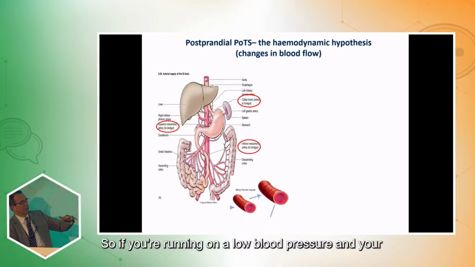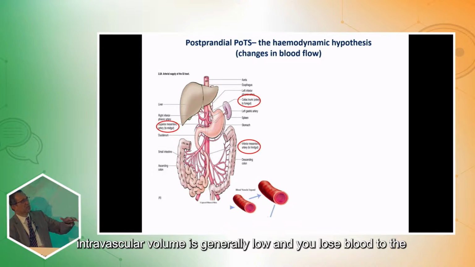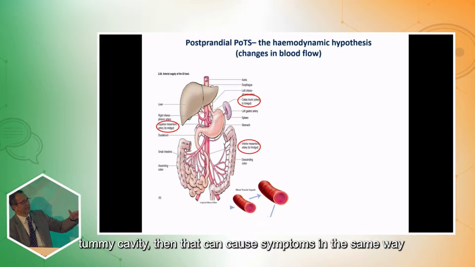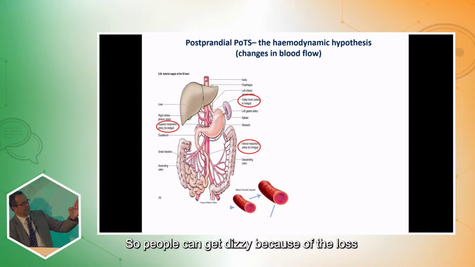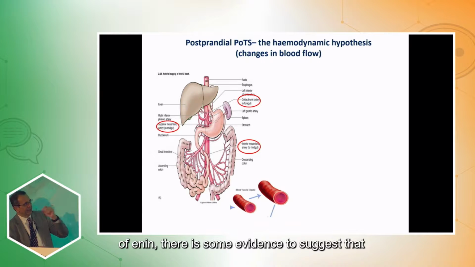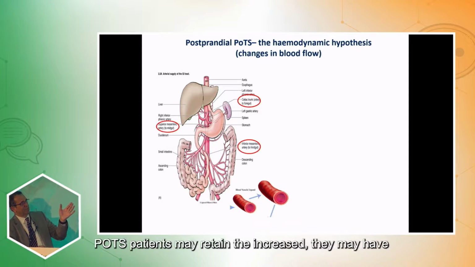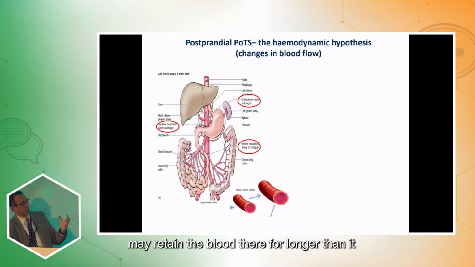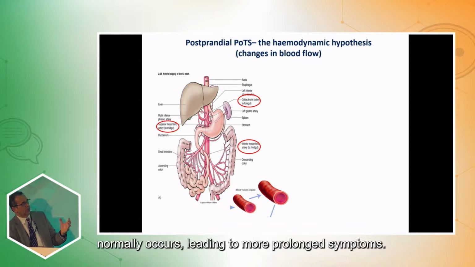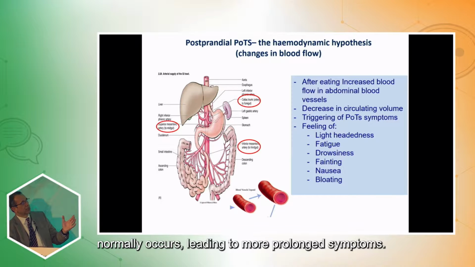So if you're running on a low blood pressure and your intravascular volume is generally low and you lose blood to the tummy cavity, then that can cause symptoms in the same way as when you stand up. There is also some evidence to suggest that POTS patients may have a greater capacity in the blood vessels, and they may retain the blood there for longer than normally occurs, leading to more prolonged symptoms.